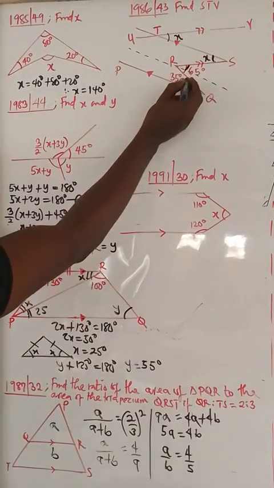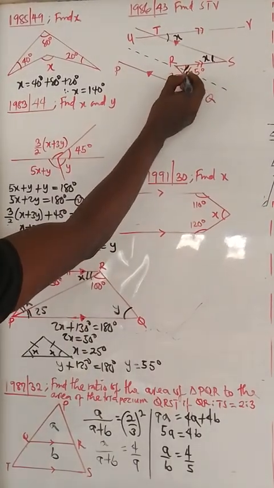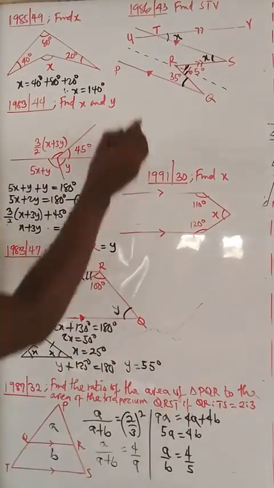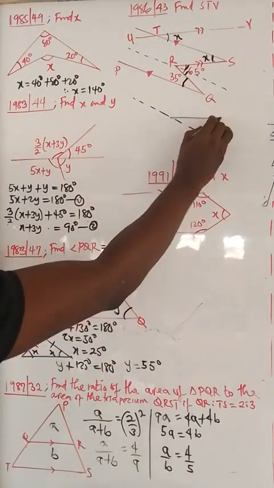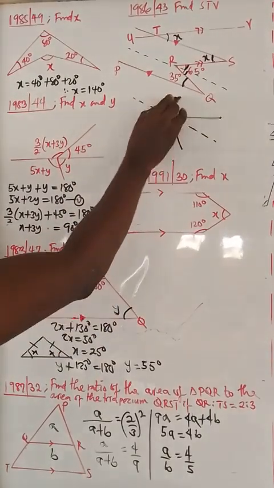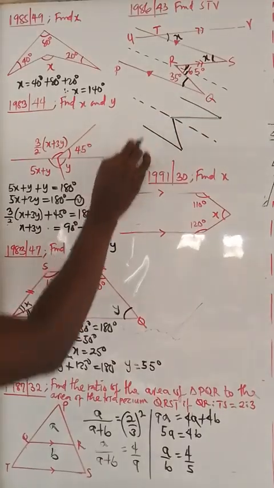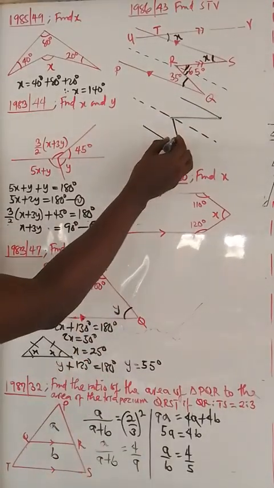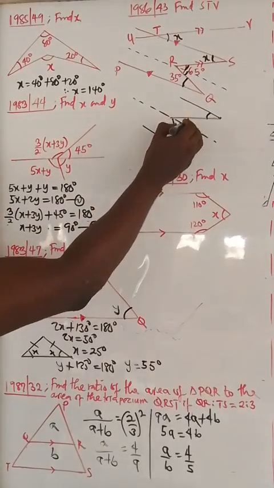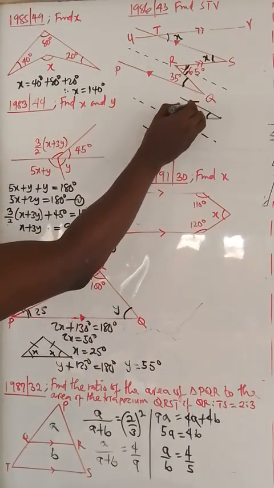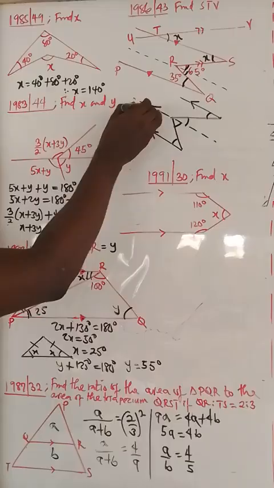If this angle is 35, this one too must be 35. So on this dotted line, we have this and this. If this angle is 35, this angle is 35. If this angle is x, this angle is also x because they are parallel to each other.